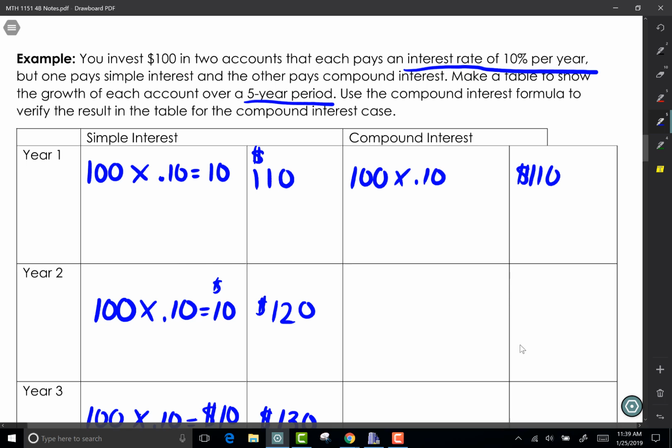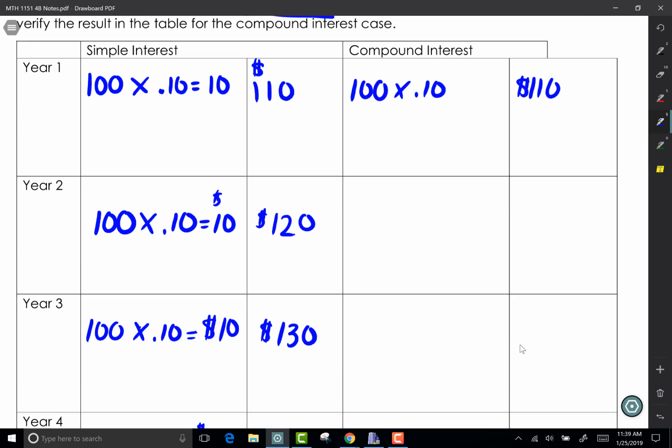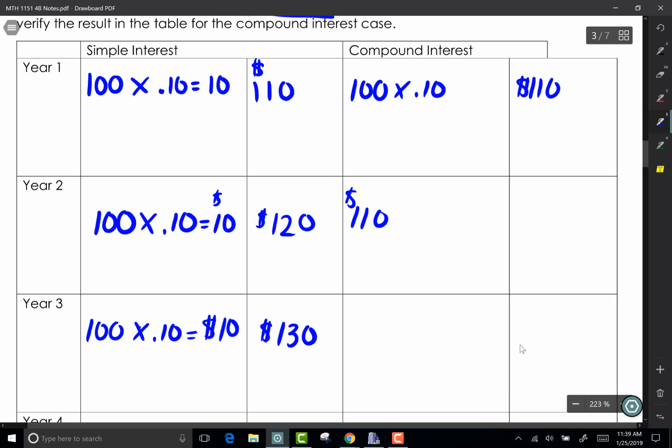So my first year, I made $10 in interest. But when we do compound interest and I go to year 2, I am finding the interest based on the accumulated amount, not just the principal. So now I'm going to take 10% of $110, which is going to give me $11. So now my balance is going to be $121.